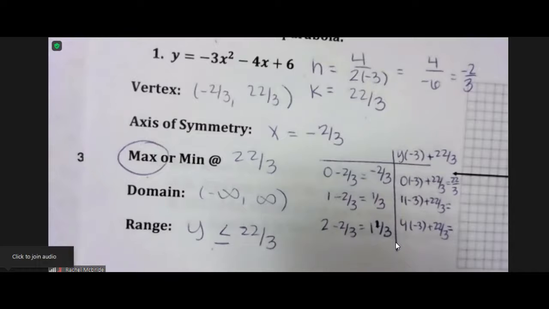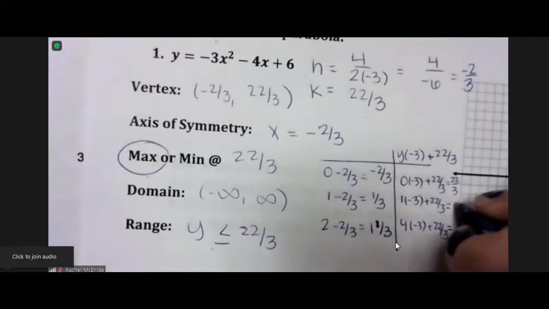So negative 3 plus 22 thirds. Well, 22 thirds is kind of like 7. So you get 4 1/3, or 13 thirds.